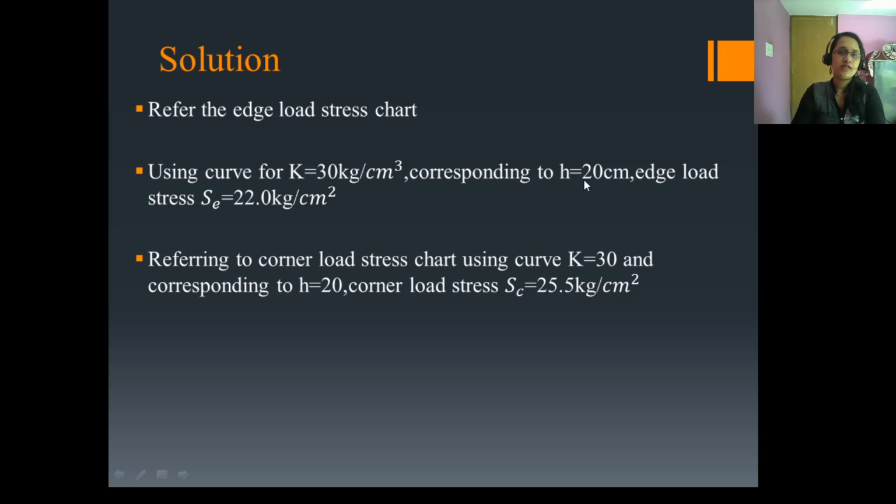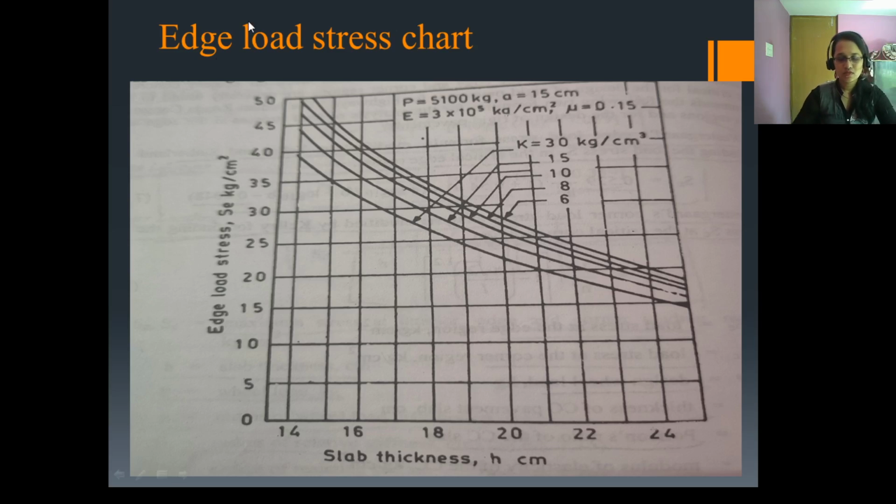So K is 30, this curve here, and the slab thickness H is given as 20. So what will be the edge load stress?